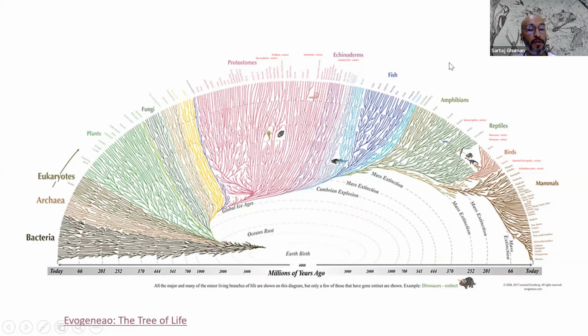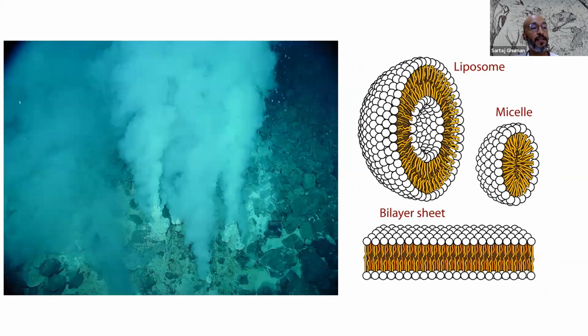A very brief point about the origin of life is that life originated once. This is, to me, quite mind-blowing. It happened once and it hasn't happened again. And we're not entirely sure yet how or where it happened, but we think it happened in hydrothermal vents where there are these chemical soups getting treated with really high temperatures.